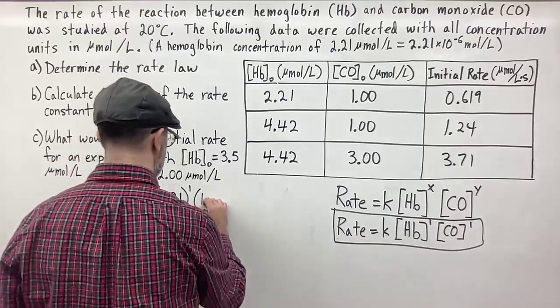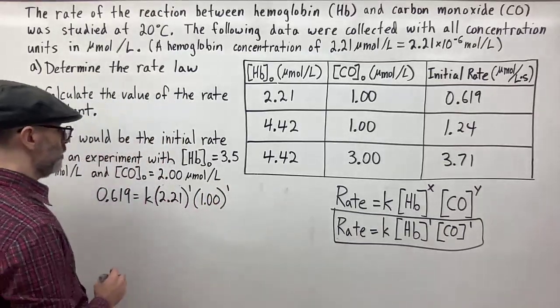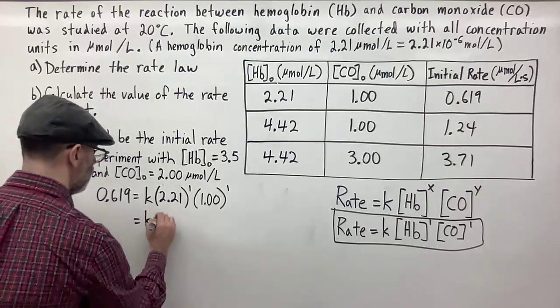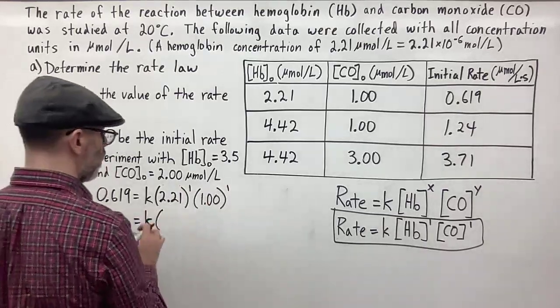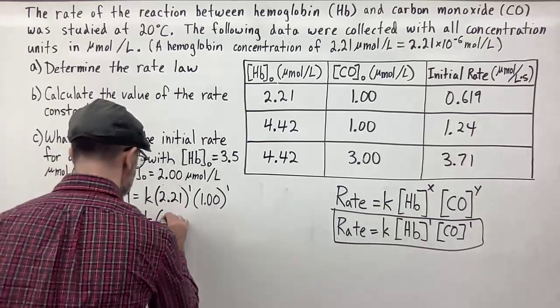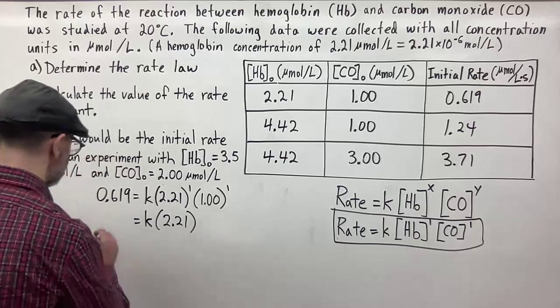So that's going to be 1.00 raised to the 1 power. Since these are ones, it doesn't matter. We're going to multiply 1 times 2.21. So that becomes 2.21 K is equal to 0.619.